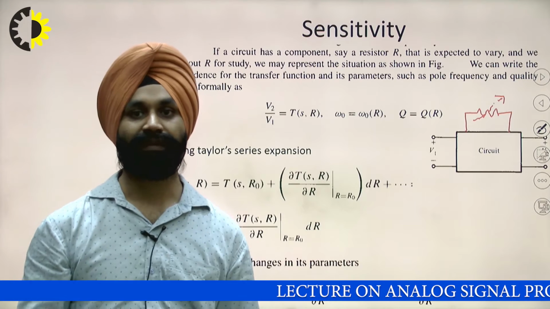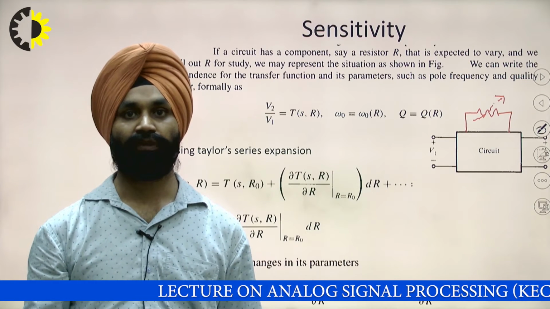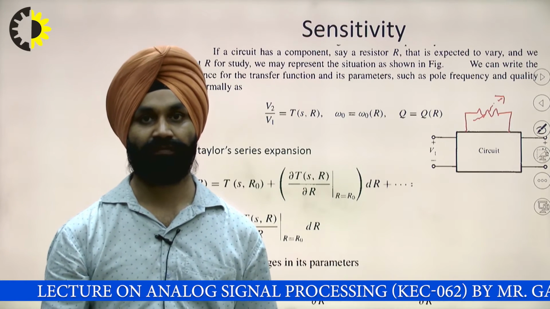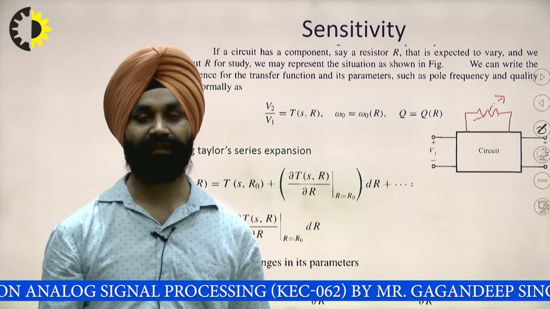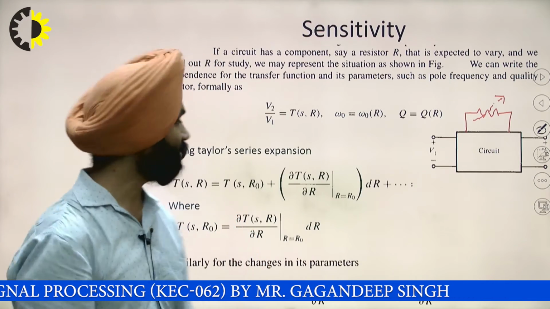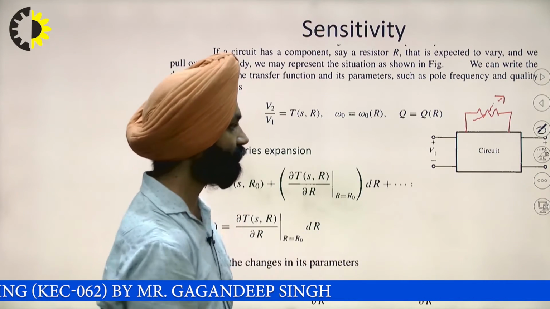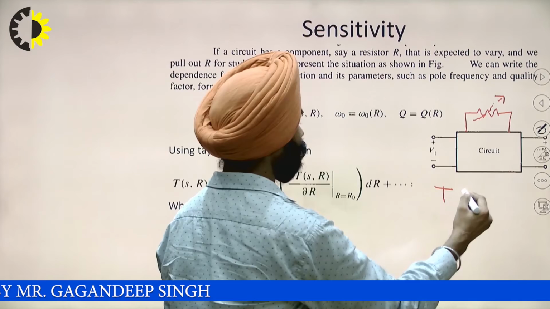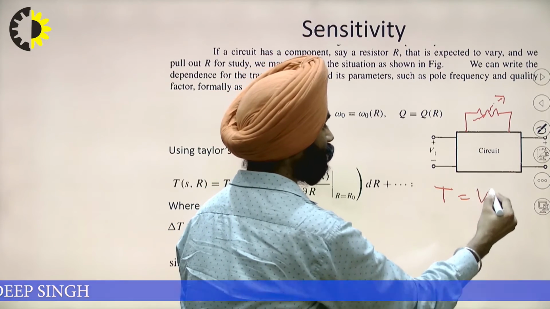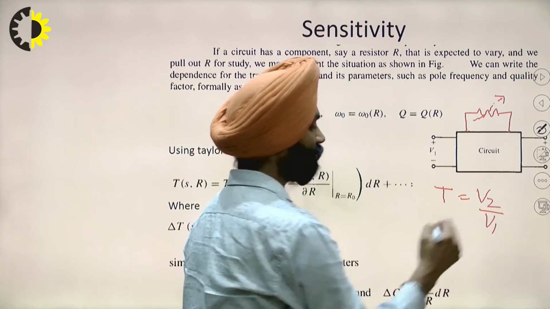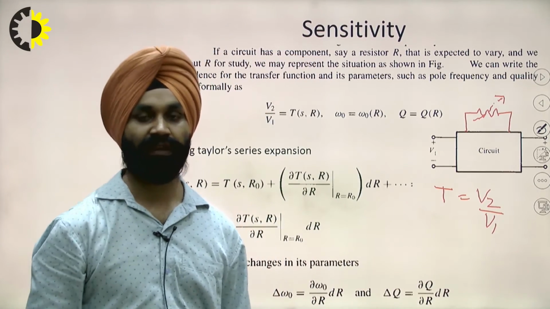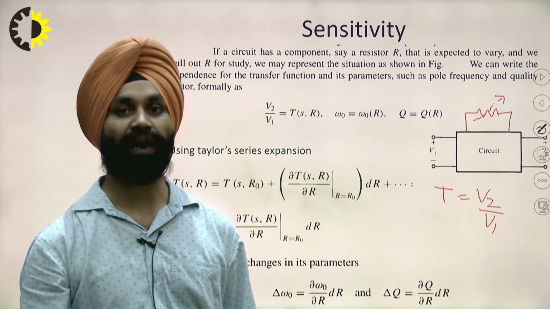This is expected to vary due to its inherent property. So we can write that the transfer function of this circuit, let's suppose, is equal to V2 by V1. Now this transfer function is a function of R also.